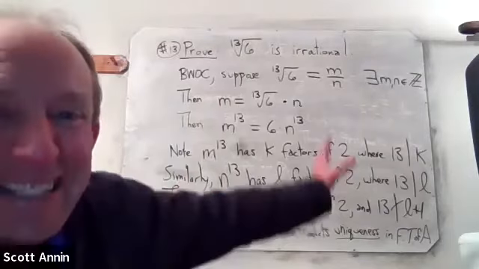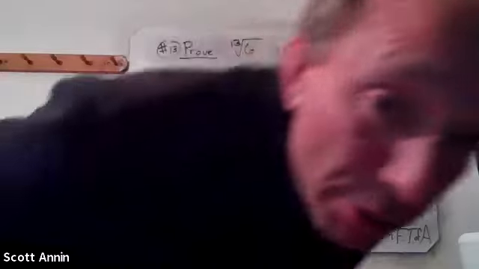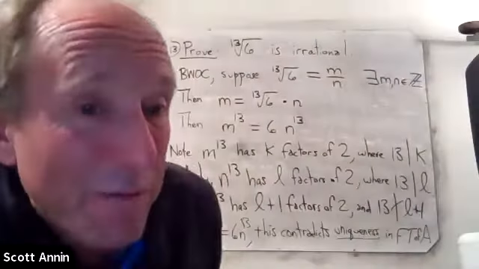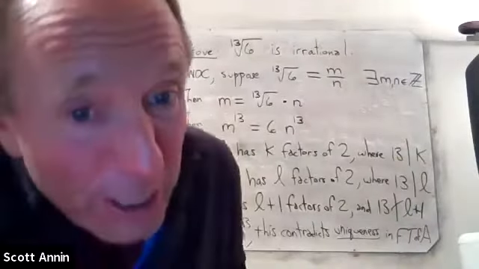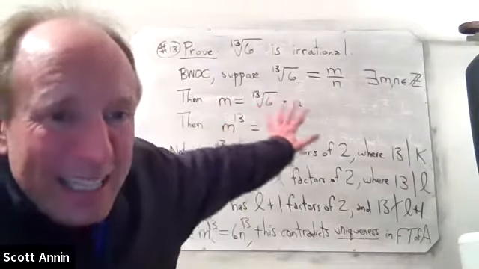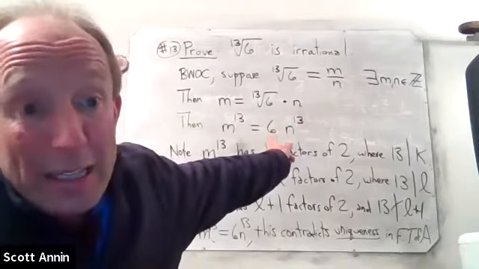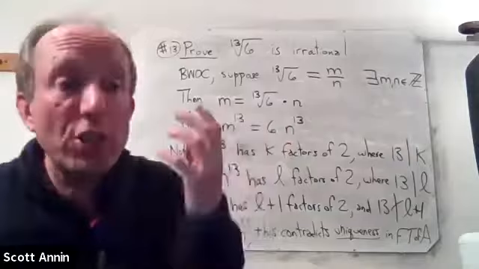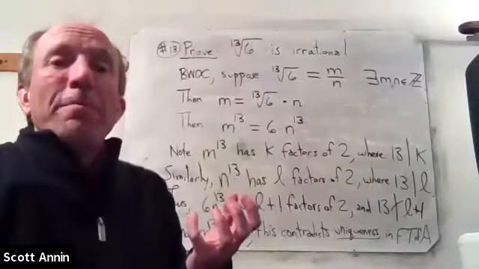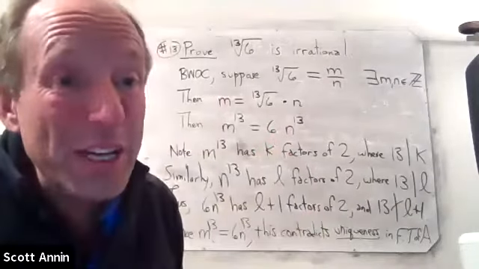Any other questions on this example, Humberto? Yeah, why did we choose the factors of 2 again? Because of the 6. We could have chosen to do this with the factors of 3 instead of 2, but the 6 is what's creating the problem with the balancing of the prime factorizations. So you're going to want to focus on a prime that is contained in the factorization of the number 6.